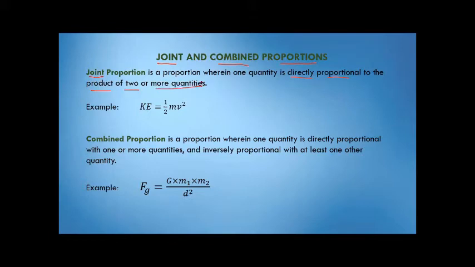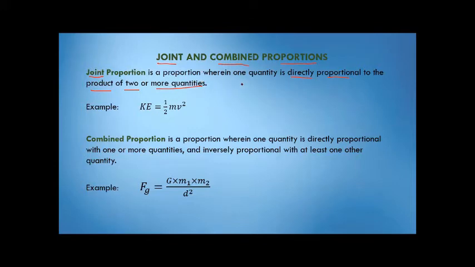or more quantities. Okay? So, pinag-aralan natin ang direct proportion. So, pag ang direct proportion is merong isang quantity na direct proportion to the product of two or more quantities, that is joint proportion. So, ibig sabihin, walang involved na inverse proportion.